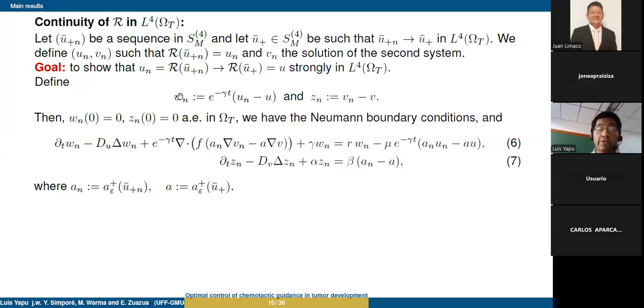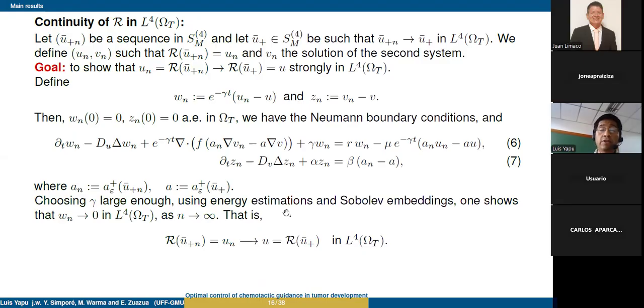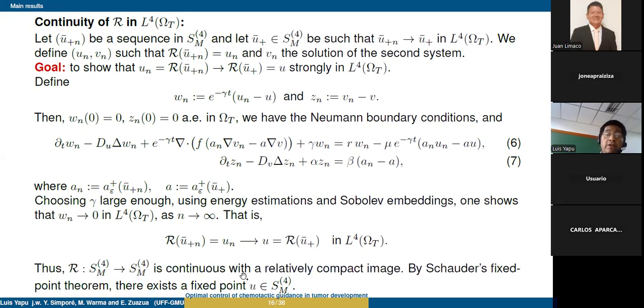And doing the energy estimates with this difference W_n and Z_n here, we can show that the map is continuous. The estimates are technical. I won't give the details here. So we conclude that there is a fixed point, and we have our solution.